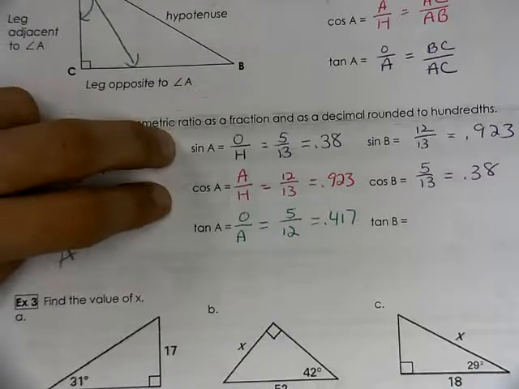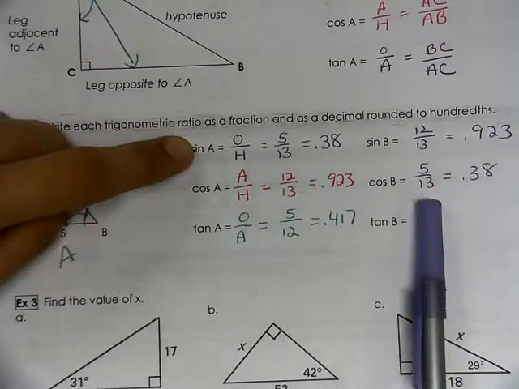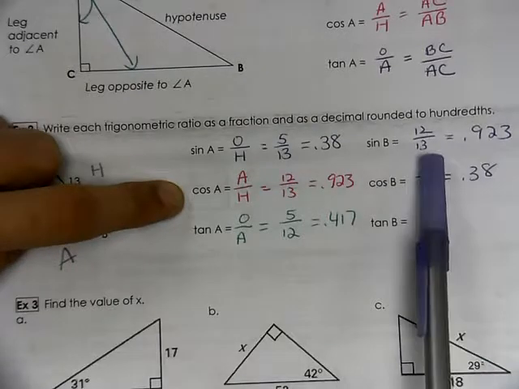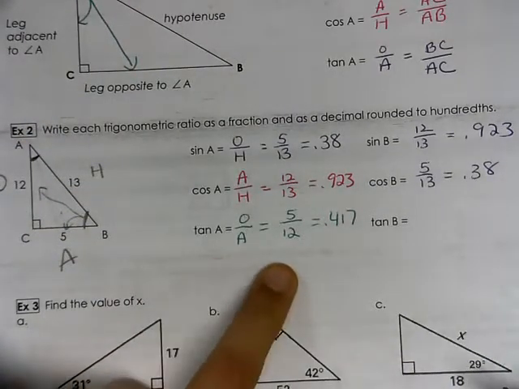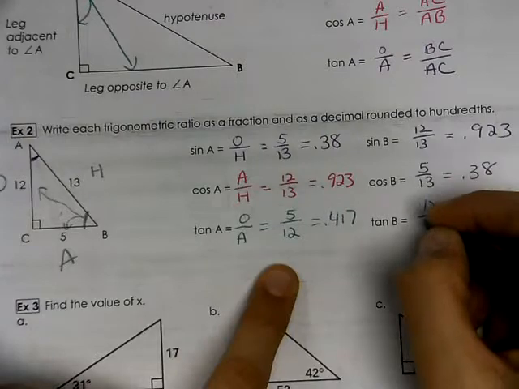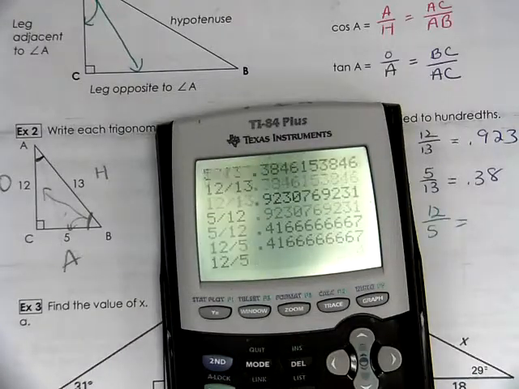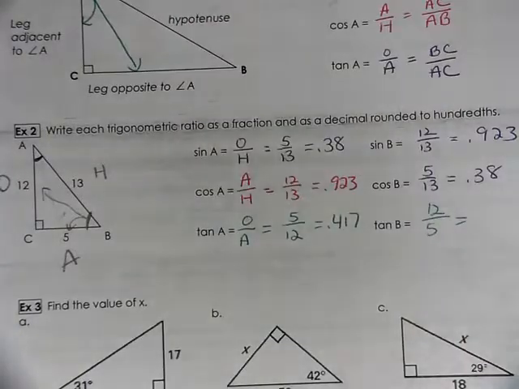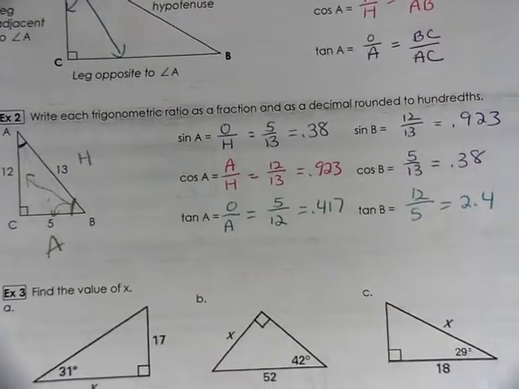So do you see how these have changed? The sine of one is the cosine of the other. Cosine of A is the sine of B. What's going to happen with tan? What's opposite over adjacent now? 12 over 5. It becomes the reciprocal. It's okay to have a number bigger than 1. 2.4.